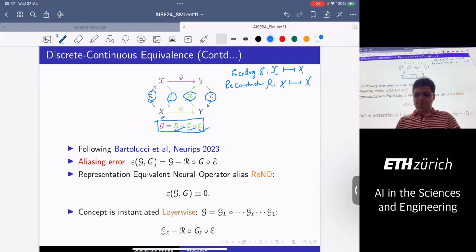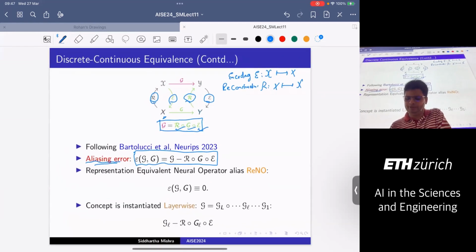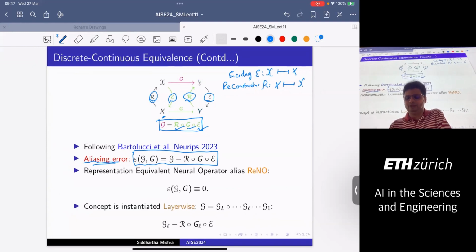It's an operator because it acts on functions. And this is what is called the aliasing error operator, which is precisely the gap between them. So this is the mismatch between the continuous and the discrete. I'll give you some concrete examples in a minute, but this is the abstract level. And all that we asked is that this should be made zero, right? So the operators, let's say the neural networks, these are called, there's a name for them.